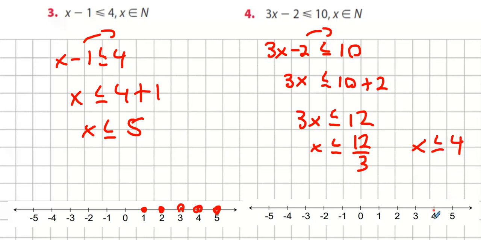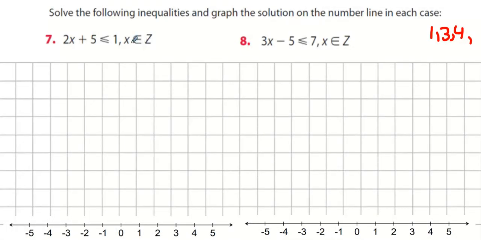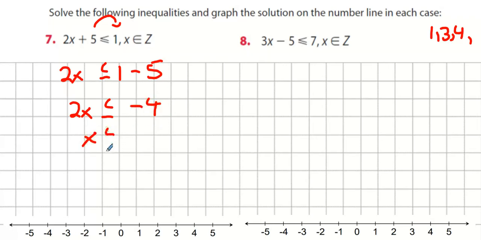Okay. 4, 3, 2, 1. First one. I'm going to bring the 5 to the other side. And I'm going to get 2x less than or equal to 1 take away 5. Then 1 take away 5 is actually minus 4. Then I'm going to bring down the 2.